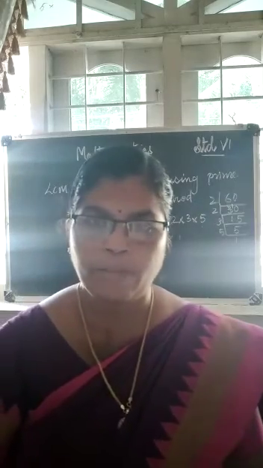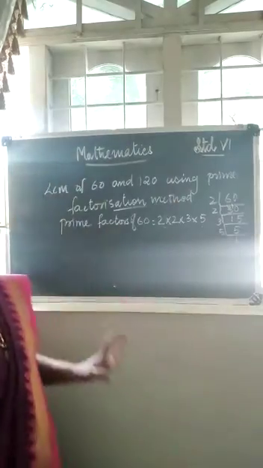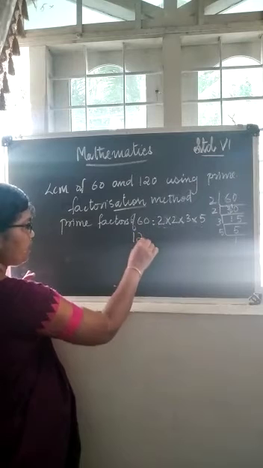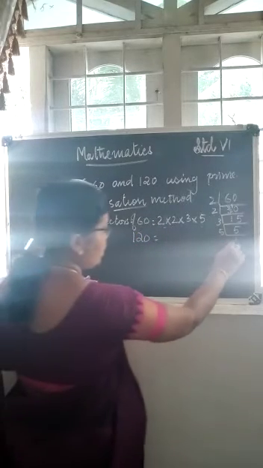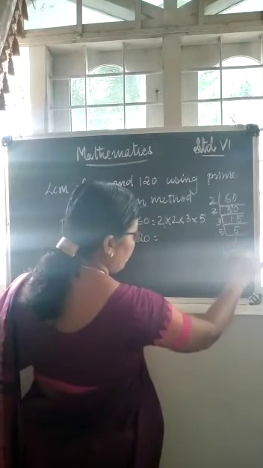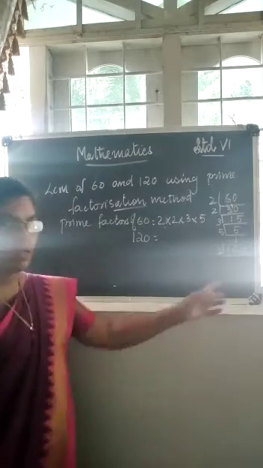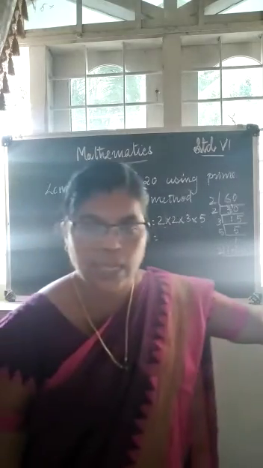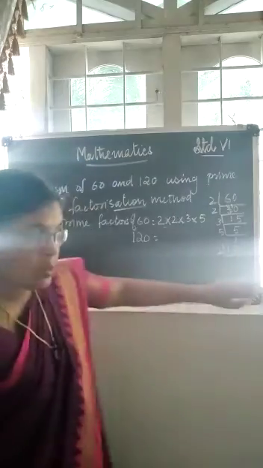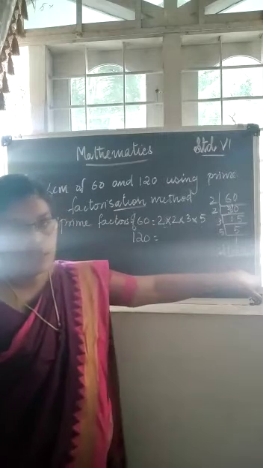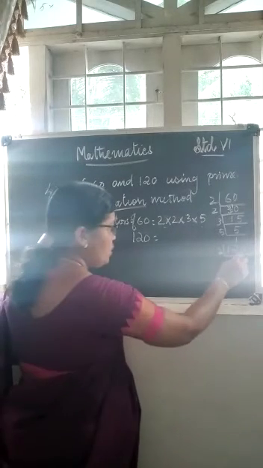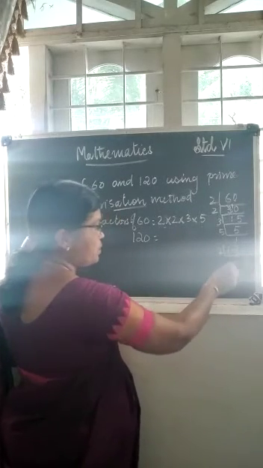Now let us do the prime factorization of 120. 120 we can divide it by 2, because ones place it is 0. So in 12, how many 2's are there? 6. 6 2's are 12. So 6 and 0, 0 times 60.